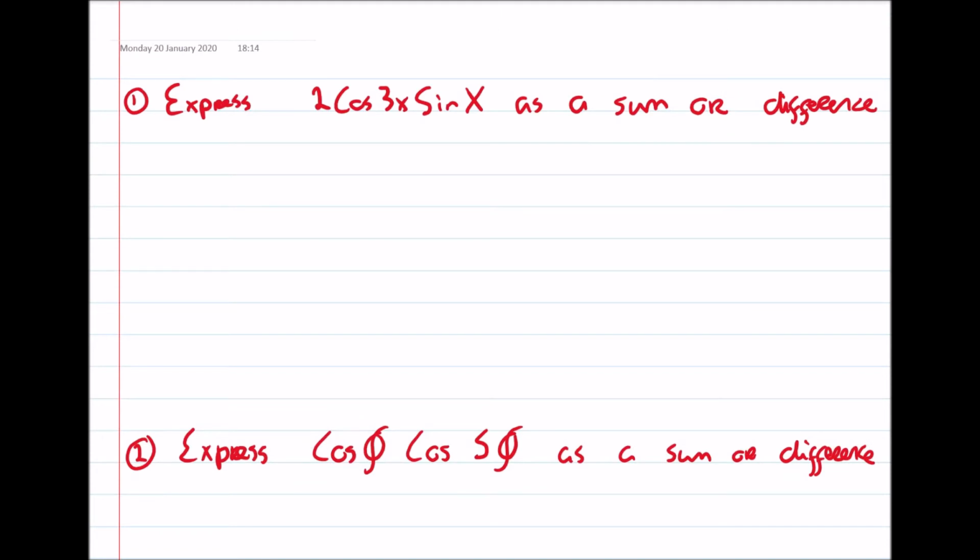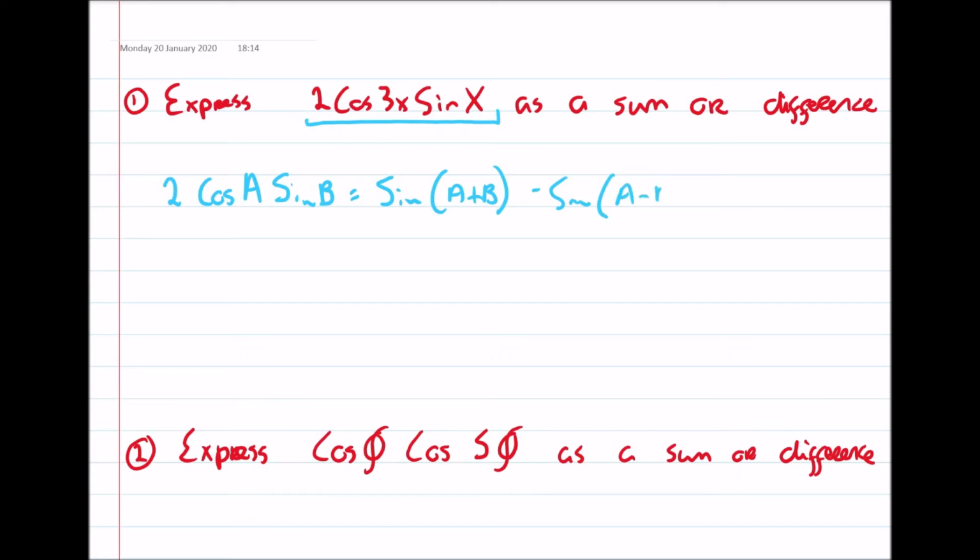Okay, a few sample questions then. So this says, express 2 cos 3x sin x as a sum or a difference. If we look at this first, 2 cos 3x sin x, if we look in our logbooks, we know we'll be using 2 cos A sine B equals sine A plus B minus sine A minus B. So that's the one we'll be using.